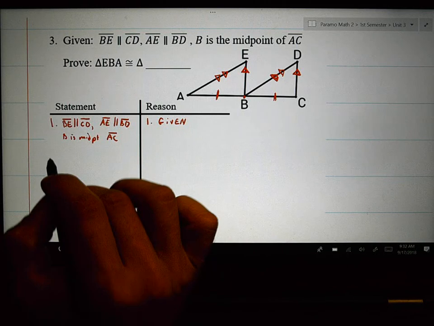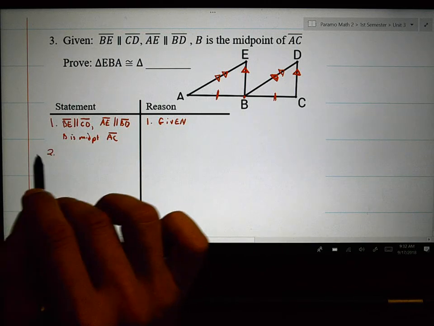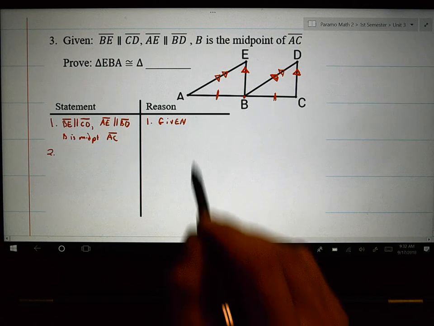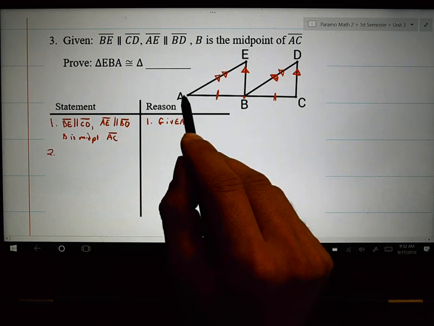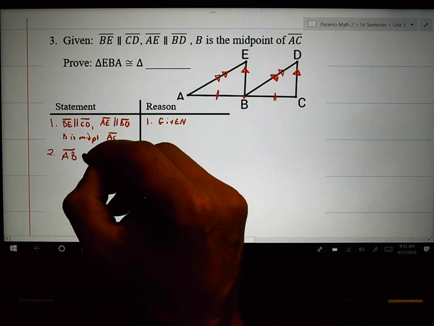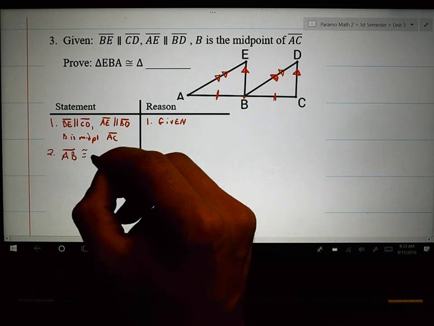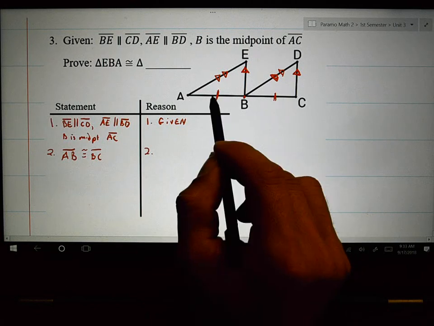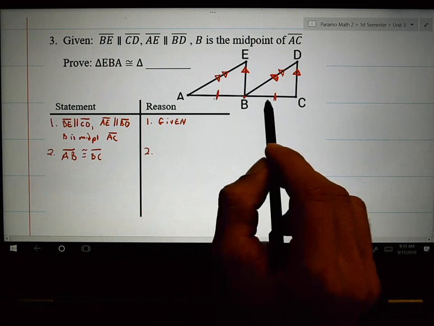I think that's a good number 2 statement. What's congruent to what? AB is congruent to BC. Segment AB, I'm going to put the little bar on top, is congruent to segment BC. And we got to figure out a reason. Why do we know that these two pieces are congruent?